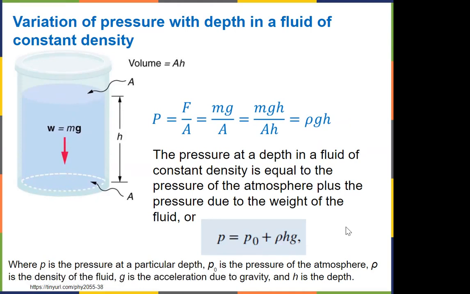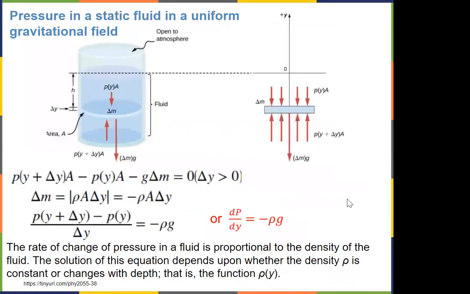All right. So we have the previous formula assuming that we are in a uniform gravitational field. For most cases you can assume that, because gravity doesn't change very much even over kilometers of distance.